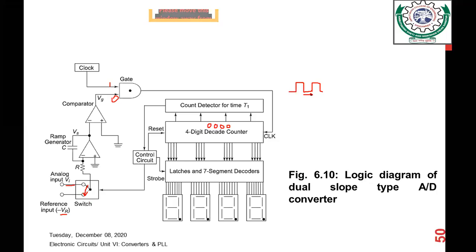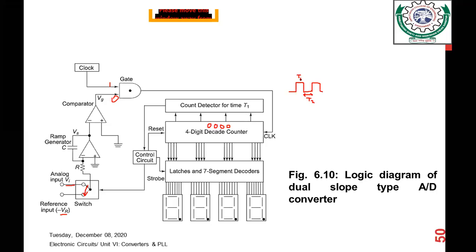This is the time duration T2. In this way one complete cycle is completed, and the conversion cycle is completed.